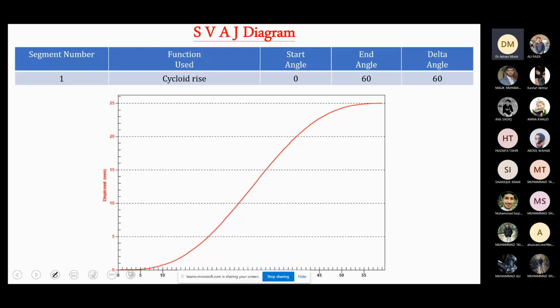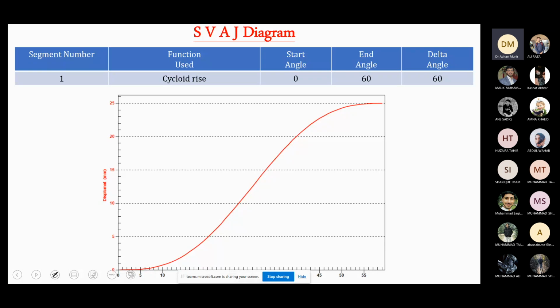Now this is just an example of what we discussed. You can see that this is an example of an SVAJ versus theta diagram. On your y-axis, you have the displacement in millimeters of the follower. On the x-axis, we have the angular displacement theta of the cam. Initially, from 0 to 60 degrees, we have a cycloid rise.